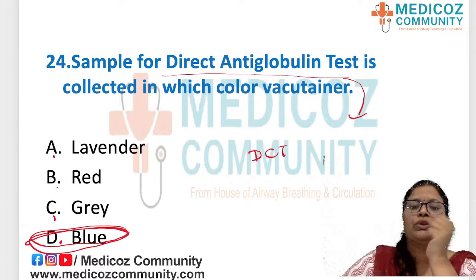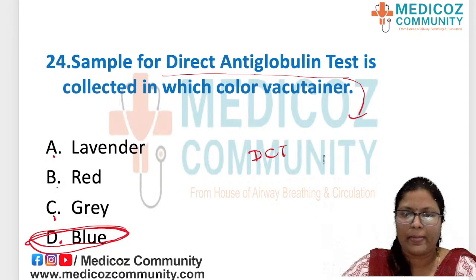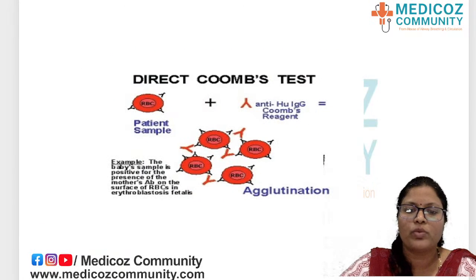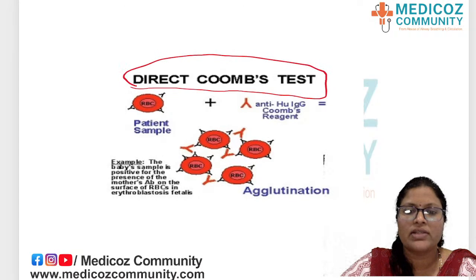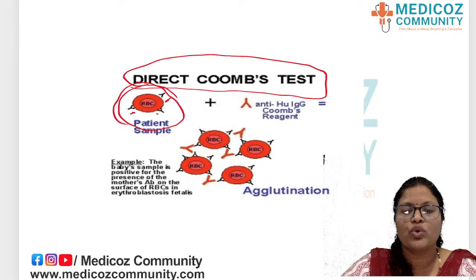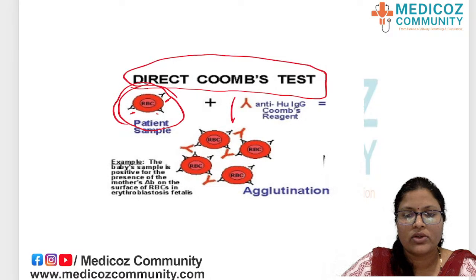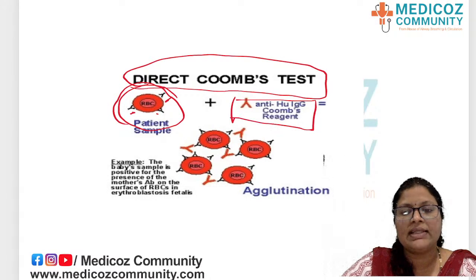Okay, so what is a direct Coombs test? Now in a direct Coombs test, what you're doing is you're collecting the RBC of the patient which already has antibodies and you're exposing it to Coombs reagent, okay, which is an anti-human immunoglobulin antibody.